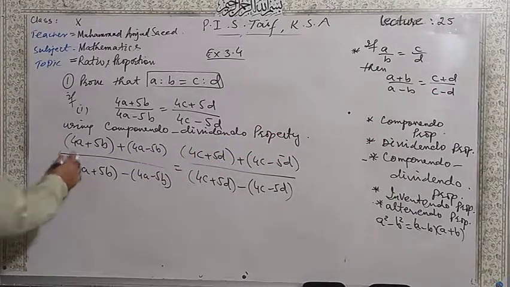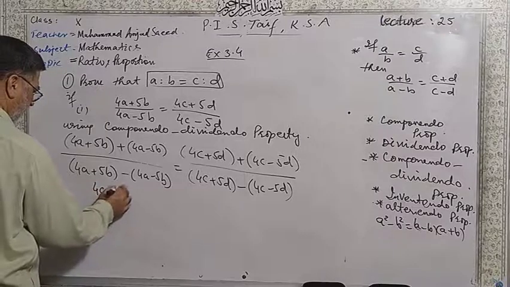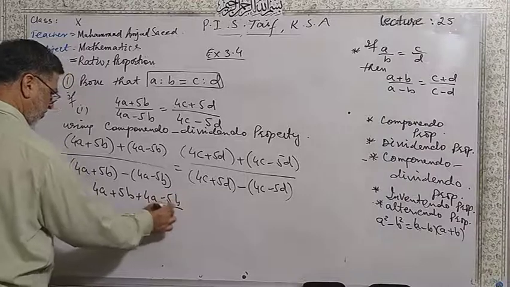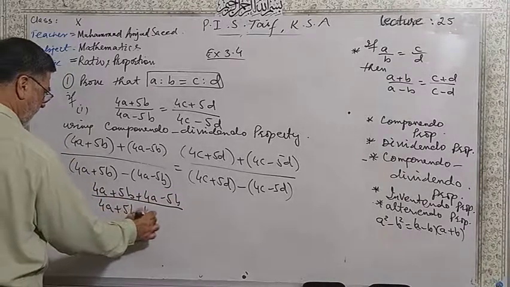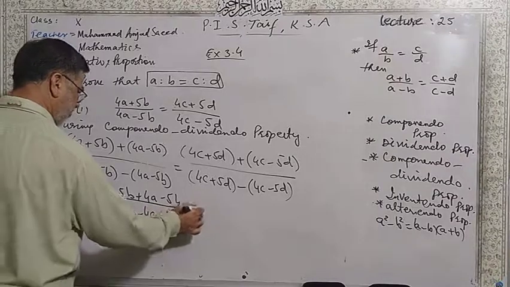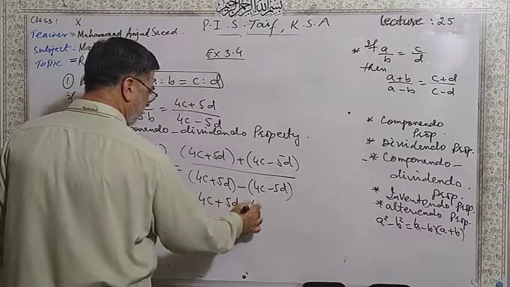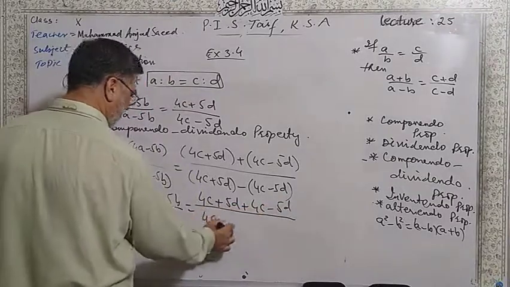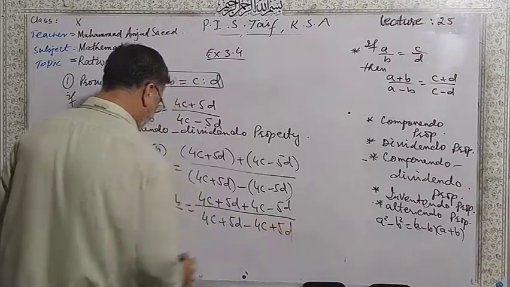So open up the brackets, there will be change of sign if there is a negative sign outside. 4A plus 5B plus 4A minus 5B is equal to 4C plus 5D plus 4C minus 5D over 4C plus 5D minus 4C plus 5D.